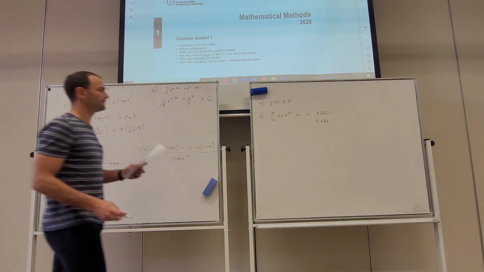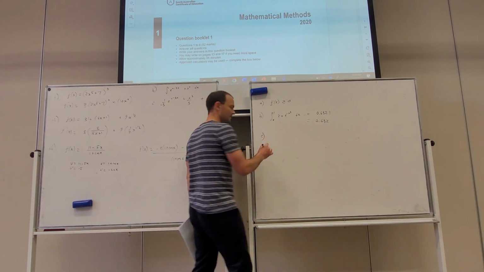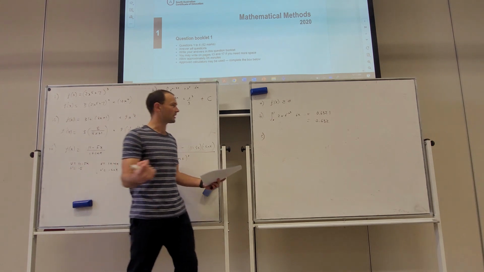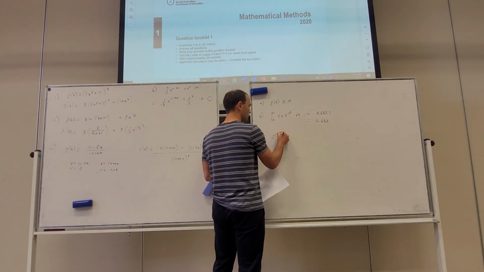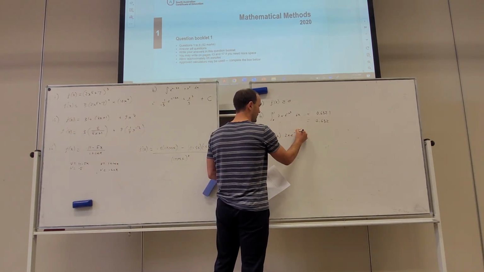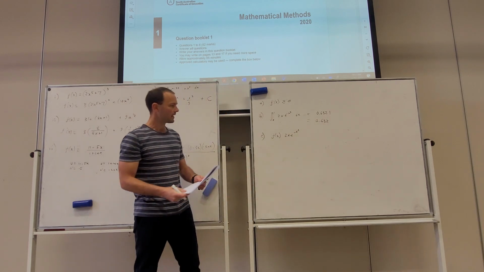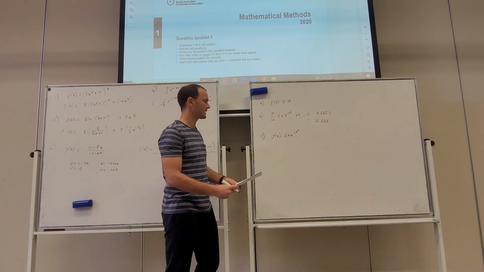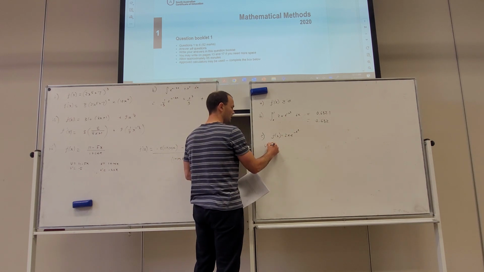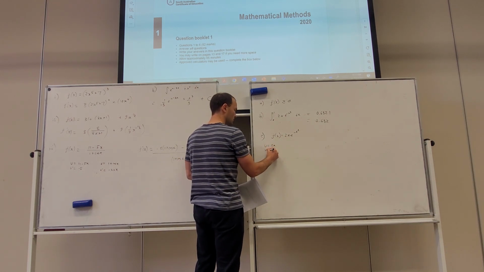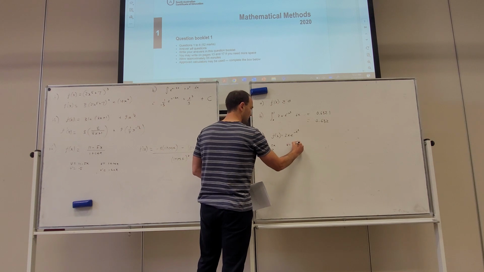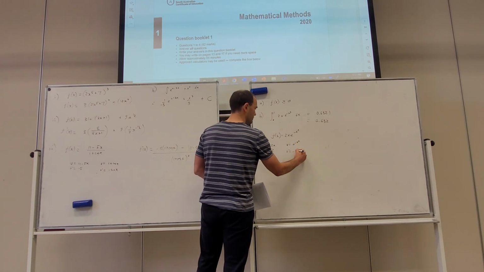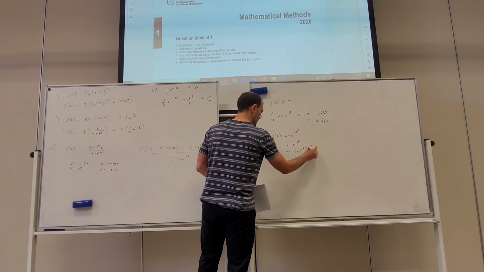Okay, part C says find f dash of x. So another 2 marks just for differentiating. So the function is 2x e to the minus x squared, right? So we have 2x multiplied by e to the minus x squared. We're going to be using the product rule here. 2, e to the minus x squared would be minus 2x e to the minus x squared.